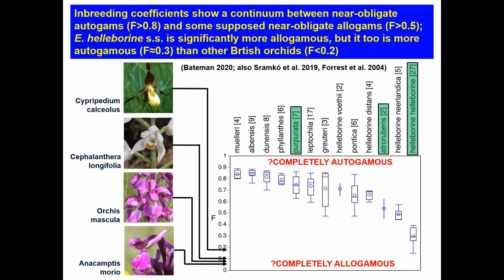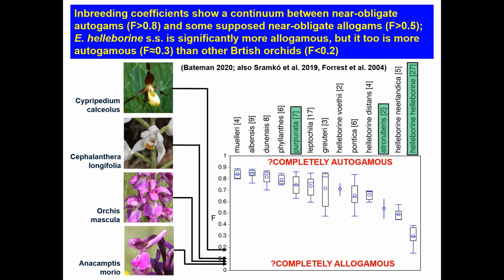In other words, they're almost completely allogamous. Almost all of the successful pollinations that take place in these species do so between one plant and another plant, not within the same plant. So it does look as though Epipactis is particularly keen on self-pollination.